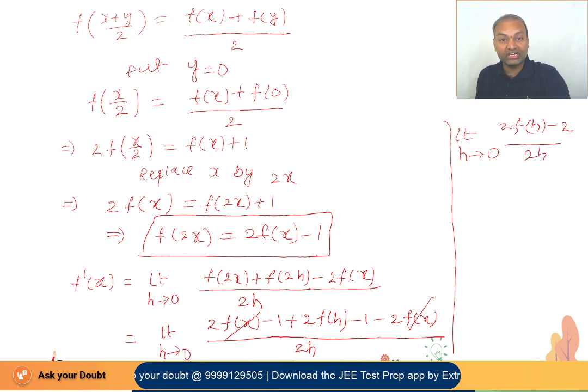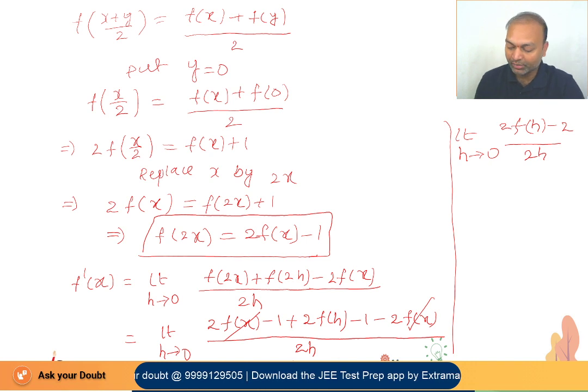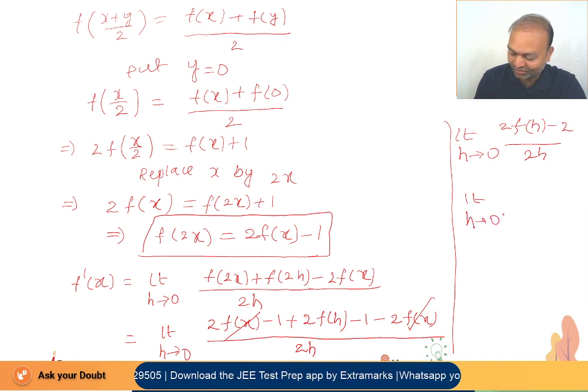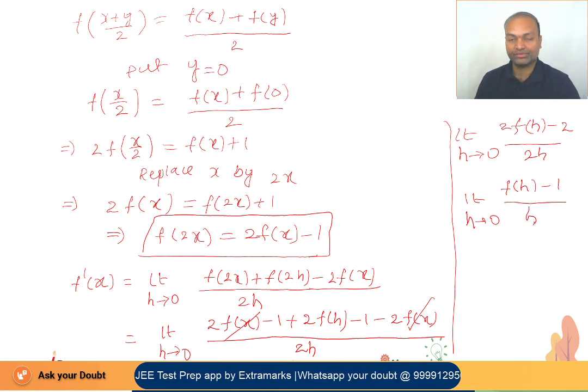The numerator common term is 2, so 2 cancels. What remains? Limit h tends to 0, f of h minus 1, whole divided by h.